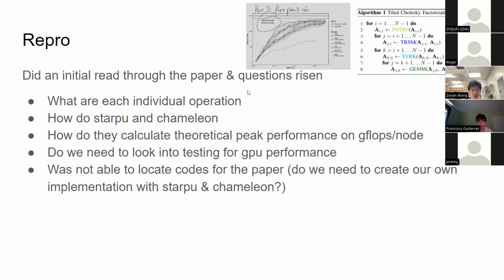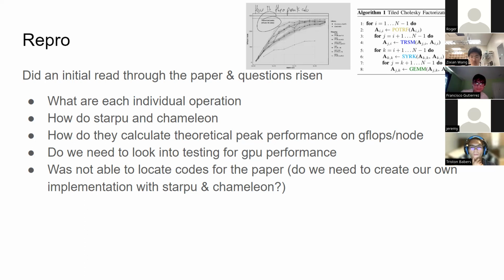And then after that, my big question is, I can't find the code for the paper, so I don't know if we have to implement it or not, which I think we might end up having to do. I could probably just ask the discourse.